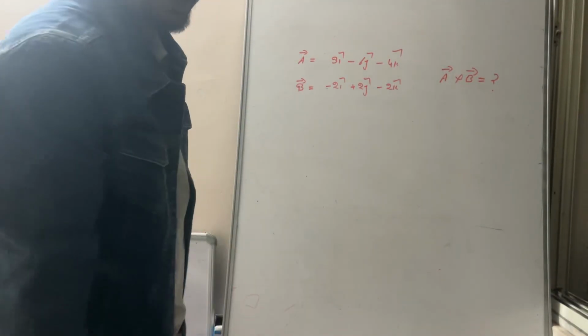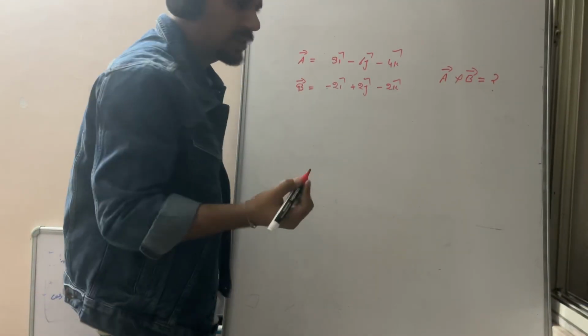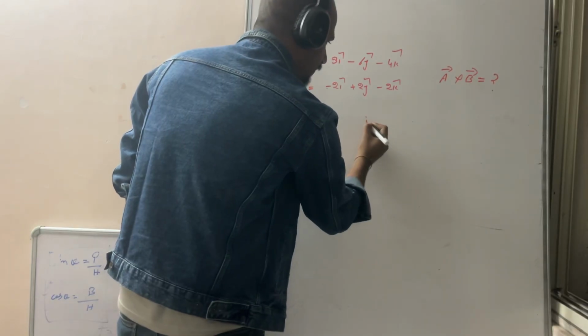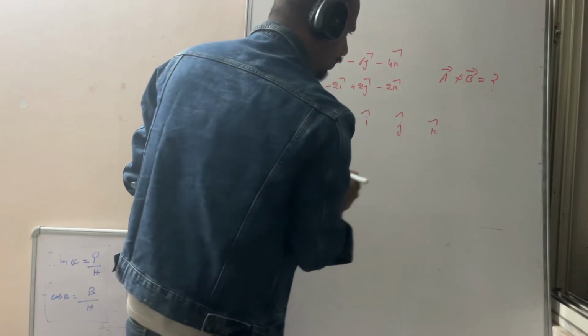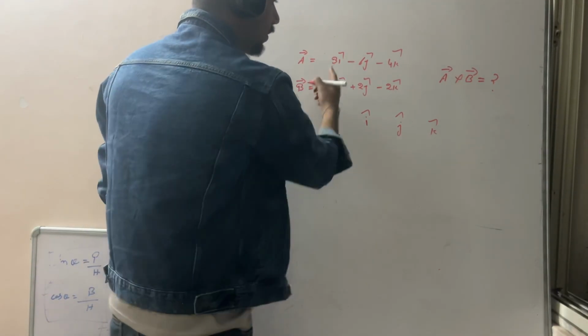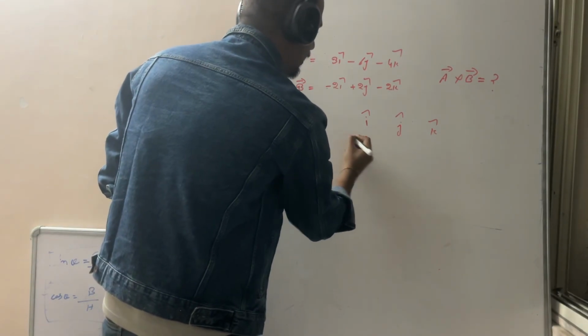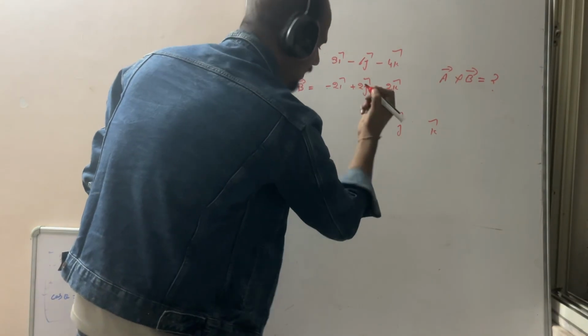In this case, try to make a simple table: I, J, K, and note the numbers. What is the I in the first vector? 3. And in the second vector? It's minus 2.